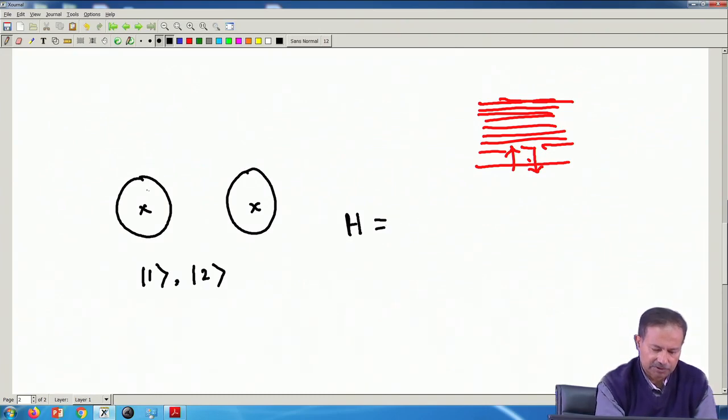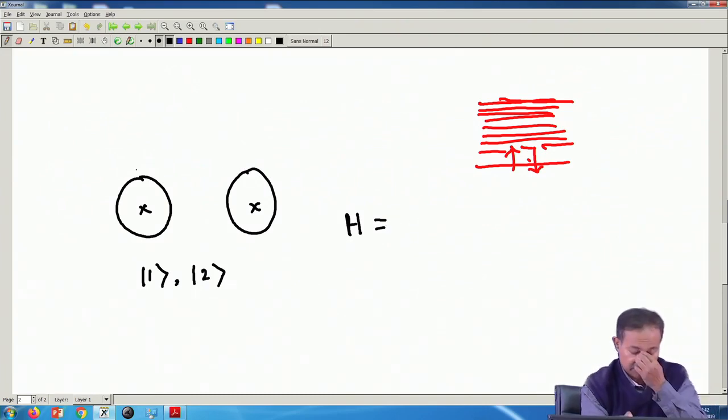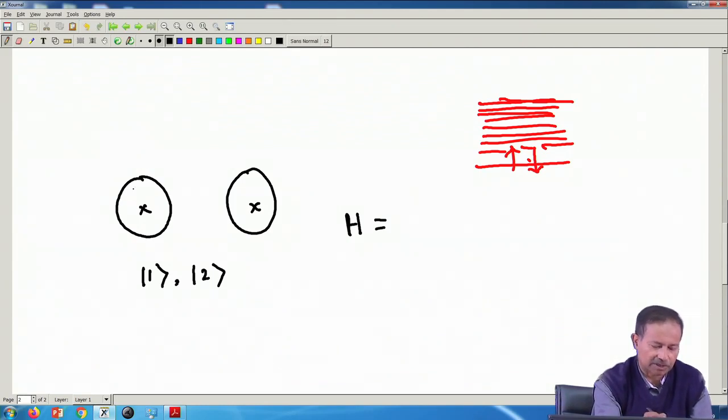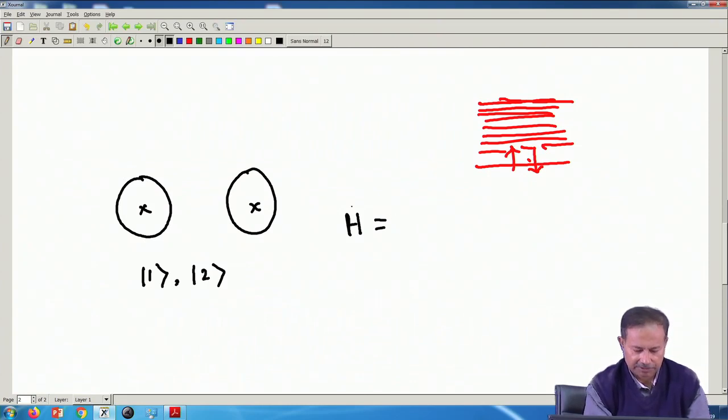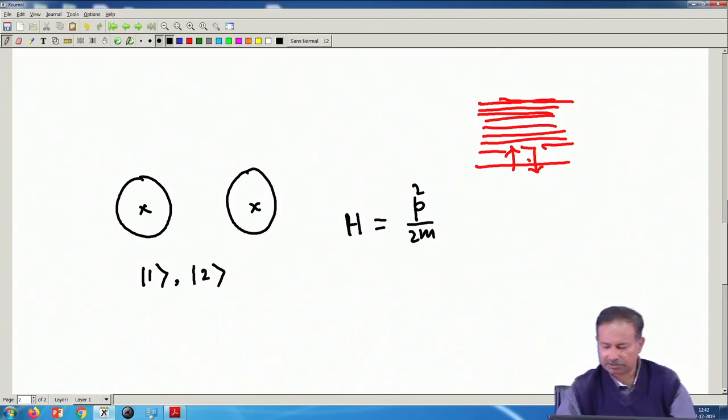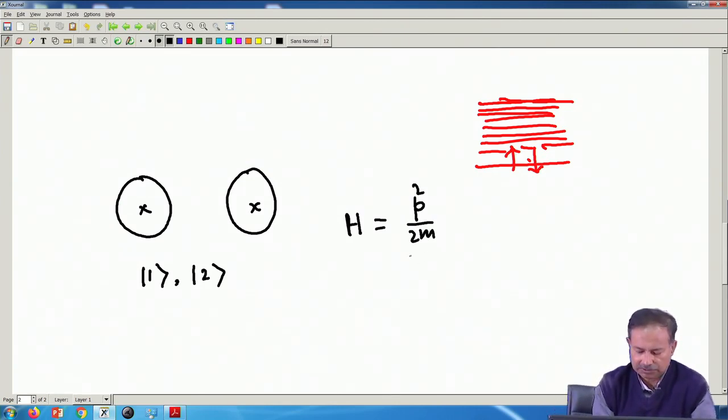For example, since it is a hydrogen atom, 1s orbital energies are the energies for the electrons in these isolated atoms. So, that is the kinetic energy plus the potential energy. Let us just write this as simply p square by twice m, which is the kinetic energy T.